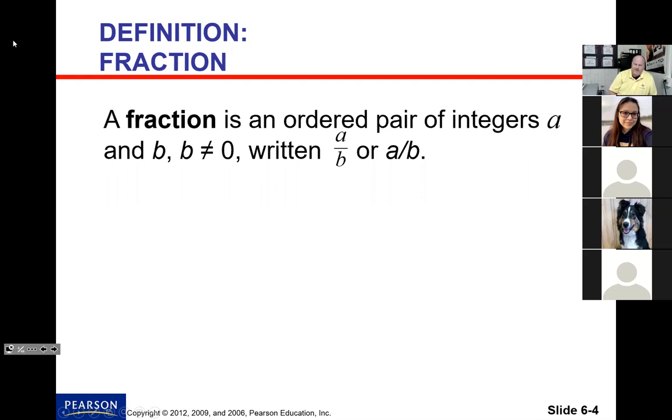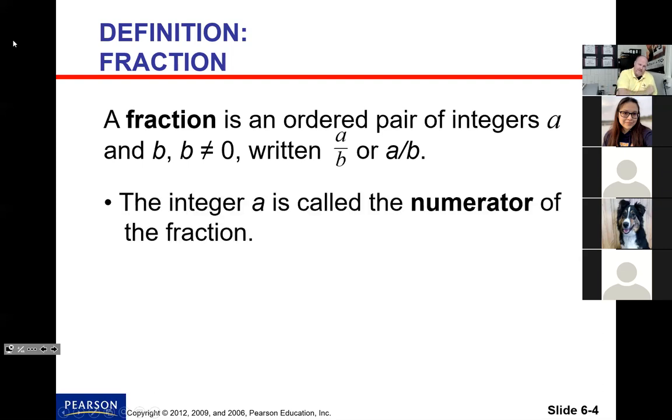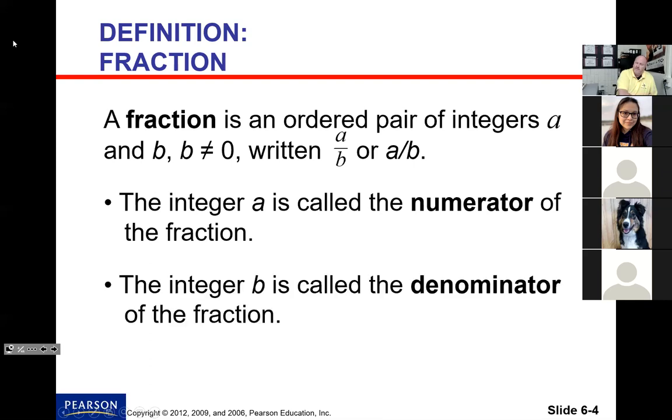Okay, now, here's the deal. When we're talking about fractions, do we have fancy words for them? What's the top of the fraction called? The numerator. What's the bottom part of the fraction called? Denominator. Like anything in math, you should always use the same language.